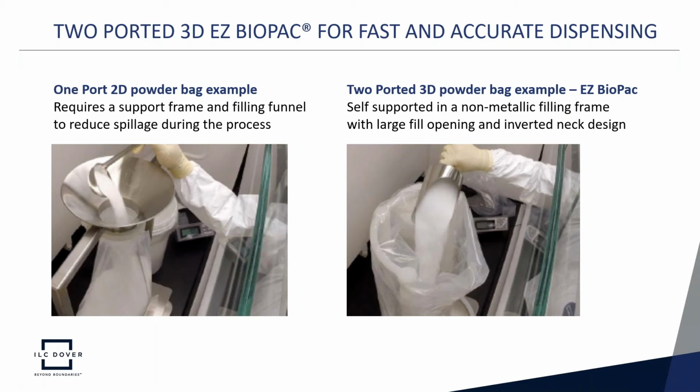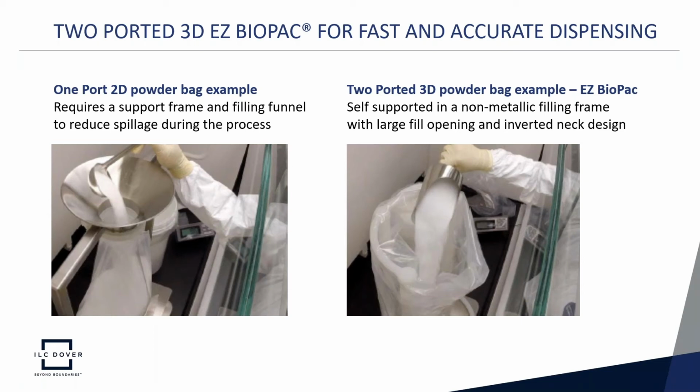On the 2D powder bag, usually that has a smaller tri-clamp connection, or that one single opening. So that's the 1 port, that one single opening where the powder is filled into and eventually will be discharged from. And to make the filling at least somewhat reasonable, often a funnel is used to make a bigger target to fill into.